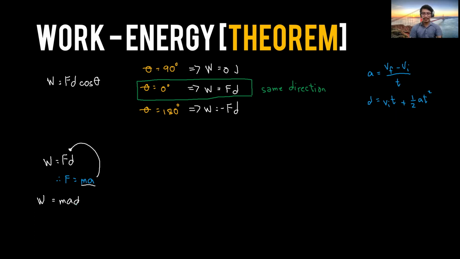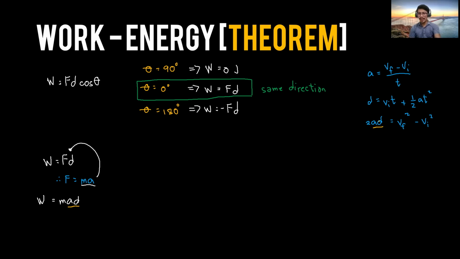So we can also substitute this equation here. But the most significant equation is this one: 2AD is equal to final velocity squared minus initial velocity squared. If you notice, there is AD in this equation, and there is also AD in this equation.